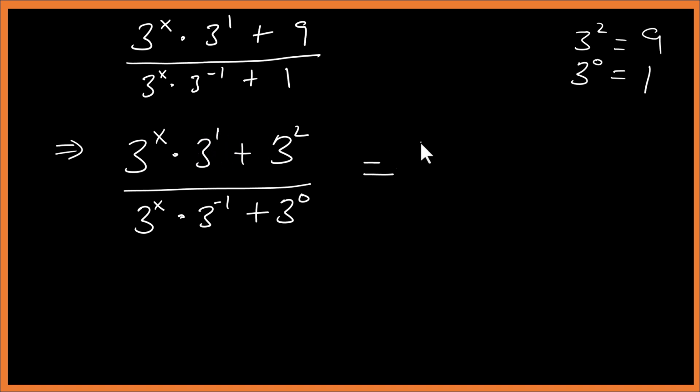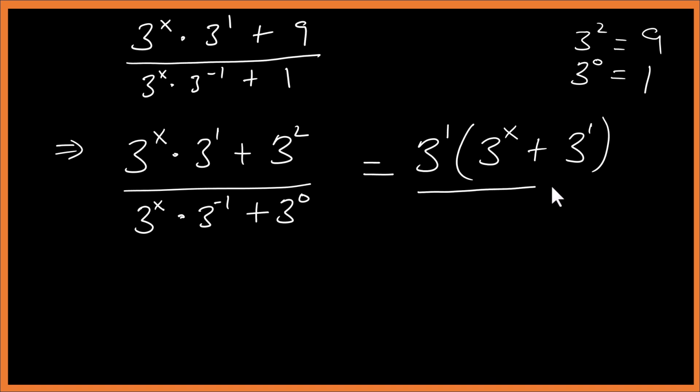Now if I do that, I'll get 3 to the power 1 times (3^x plus 3 to the power 1). Remember, 3 to the power 1 times 3 to the power 1, we add the powers. So this side will be 2.